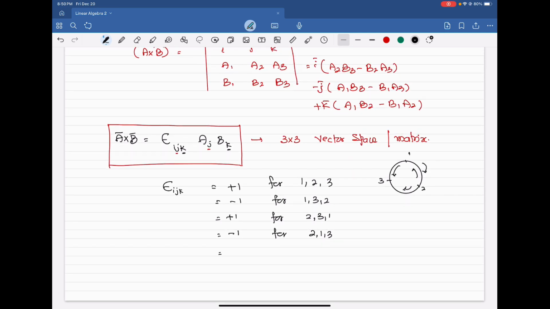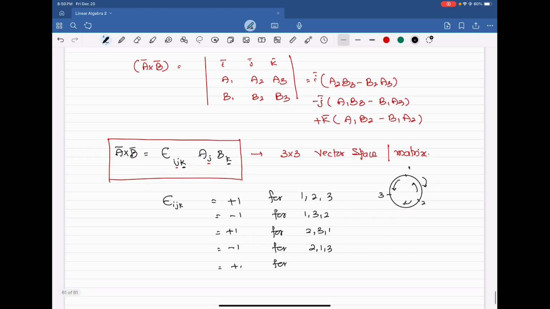This is equal to +1 for 3, 1, 2. You just see from 3, 1, 2 it is positive clockwise, and it is equal to -1 for 3, 2, 1. 3, 2, 1 it is negative. This concept should be very clear.